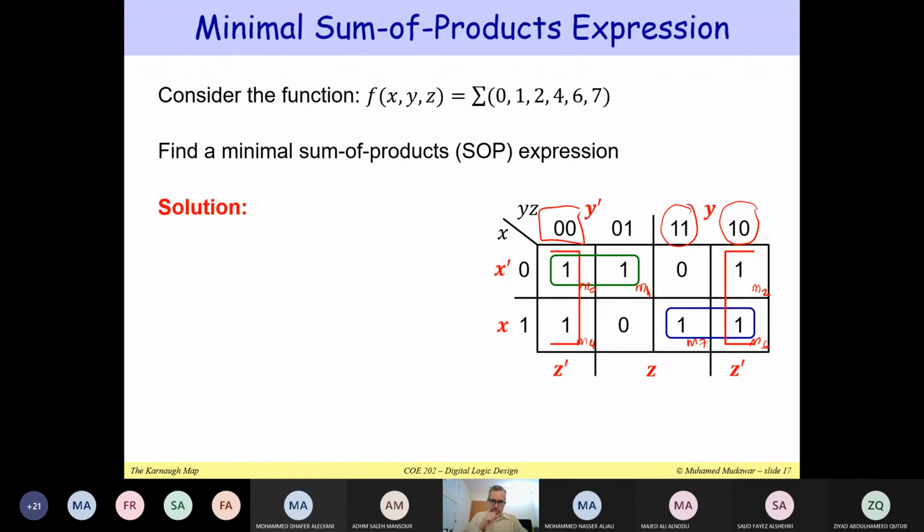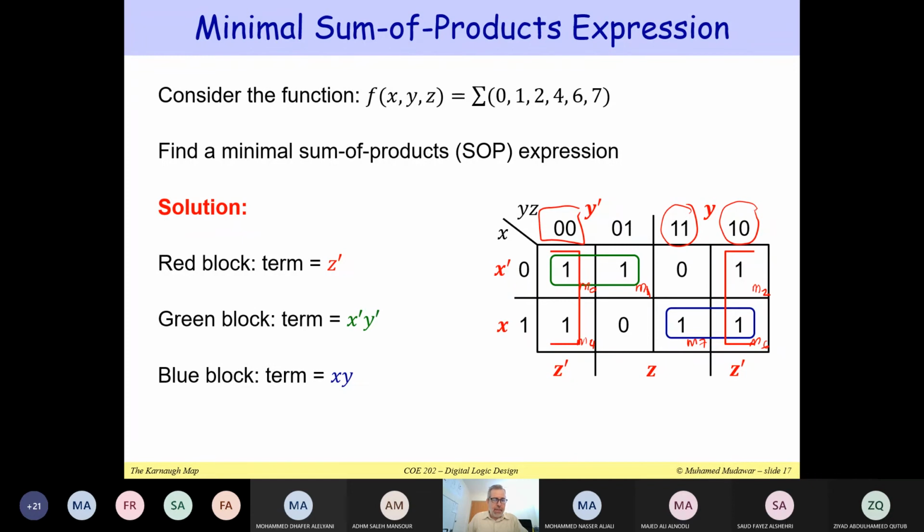And how about the blue box? X and Y. Yes. We have the red block, which is Z prime. The green block is X prime, Y prime, and the blue block is X and Y. And therefore, this is my minimal sum of products expression. It has only 5 literals.